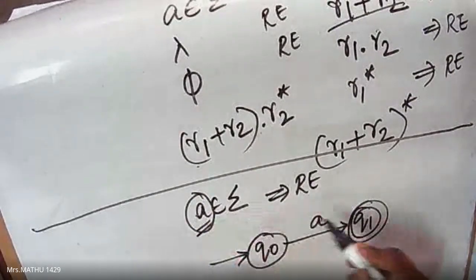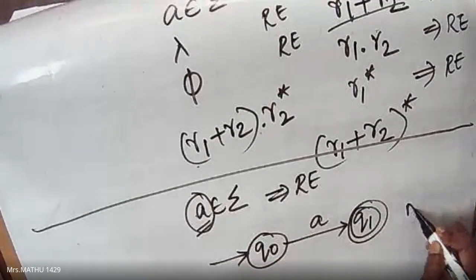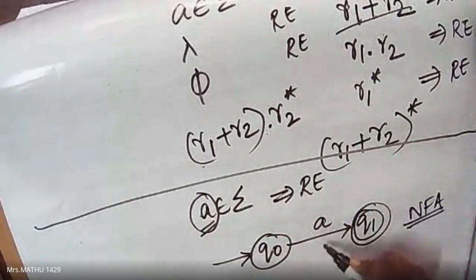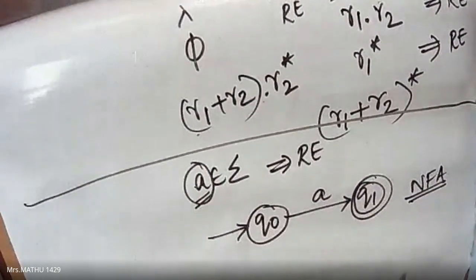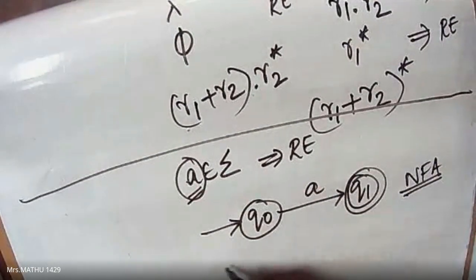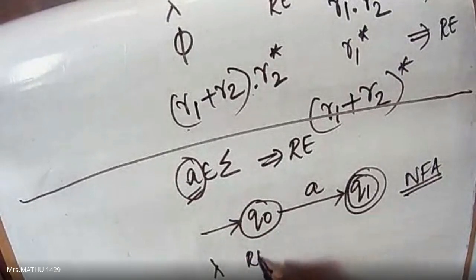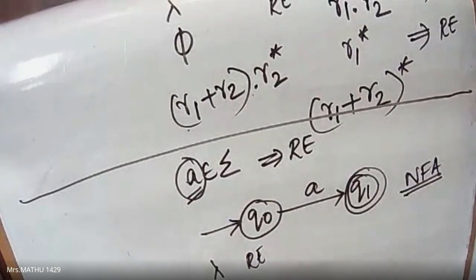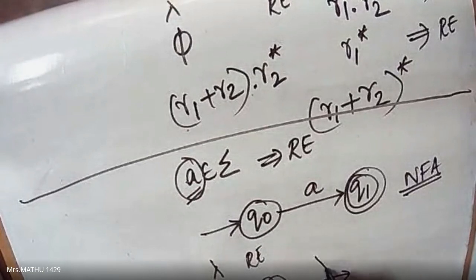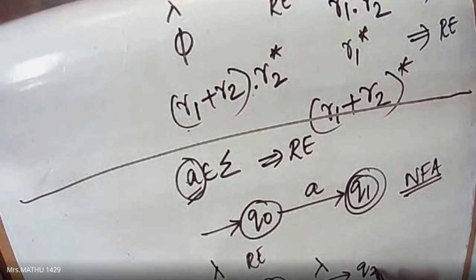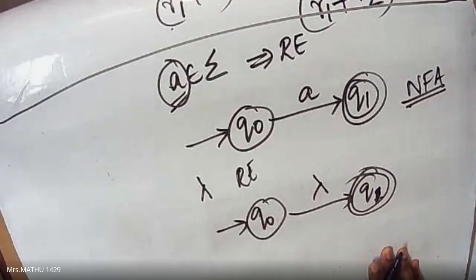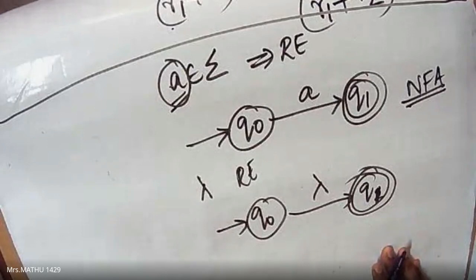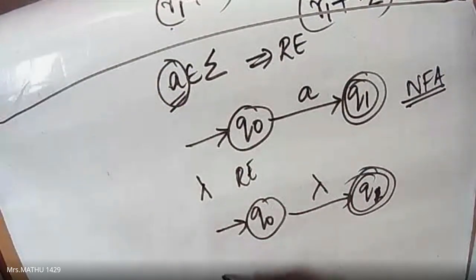So this regular expression can be converted into an NFA like this: from the initial state, on reading that input symbol, it goes to Q1. Similarly for lambda, which is a regular expression, how can we draw it? From Q naught, on a lambda transition, it goes to another state. And next one is the empty language, phi.